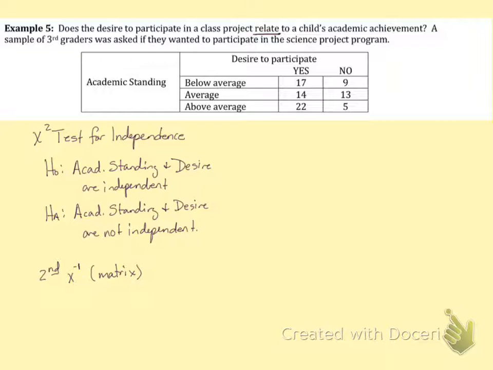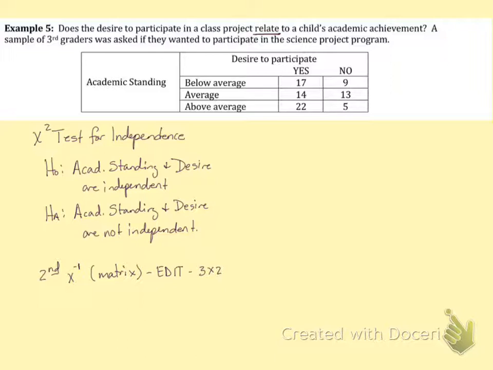And we're going to go to edit. And when you hit enter, you have matrix A. And this matrix A is going to be a 3 by 2. So it's the number of rows by the number of columns. But you don't have to really memorize that.